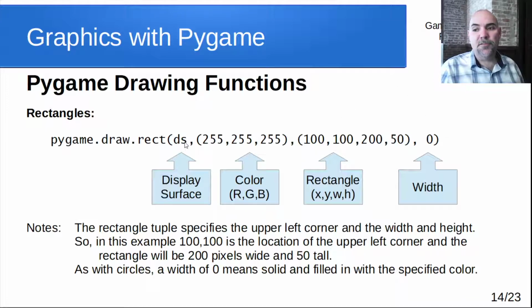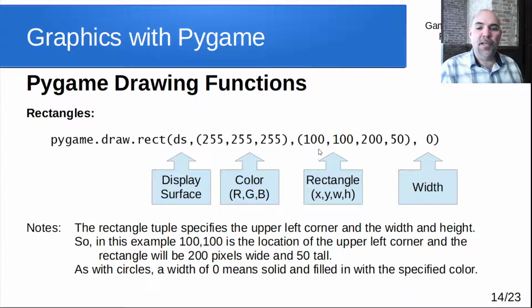The display surface variable comes first, and then the color. And then after that, we give this 4-element tuple, 1, 2, 3, 4, and then the width. If the width is 0, it's solid. If it's not, then it'll make a border. The parts of this rectangle tuple are the x, y of the upper left-hand corner, and then the width, and then the height.